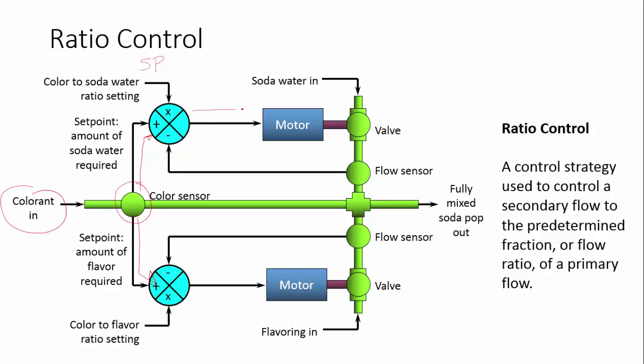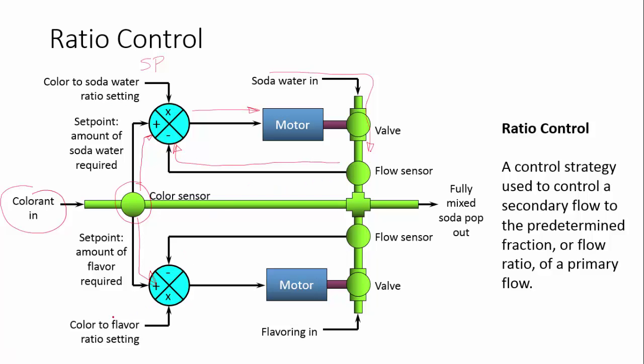And this output is controlling a motor-driven valve, which is adjusting the amount of soda water coming into the system. There's a flow meter to tell me how much soda water is coming in, and it's also feeding back that flow rate so that I get the correct ratio of soda water to color.